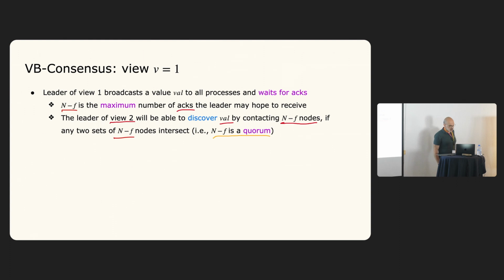Okay, so we have two quorums of n minus f. What's the minimum size of the intersection between two sets of n minus f? It's n minus 2f. Yeah, exactly. So this is just a basic pigeonhole argument, right?